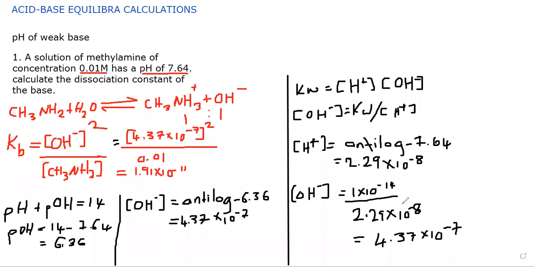All right, so this is the next way of getting the hydroxide ion concentration. So anything that you need to link the hydrogen ion concentration and OH, you can use Kw, or you can use the pH plus pOH, right? Because you can always antilog any of them to get the concentration of it.